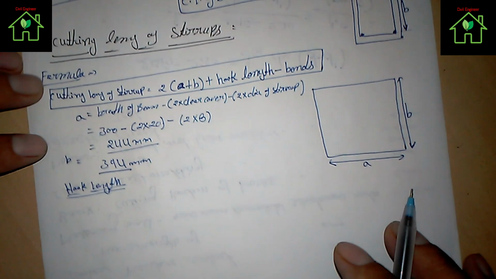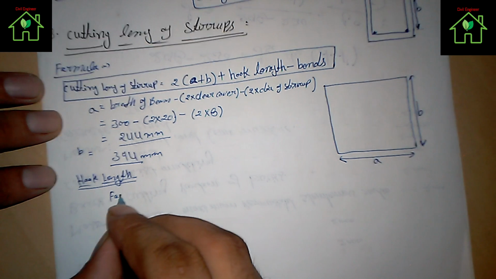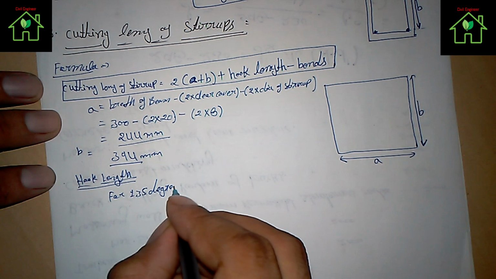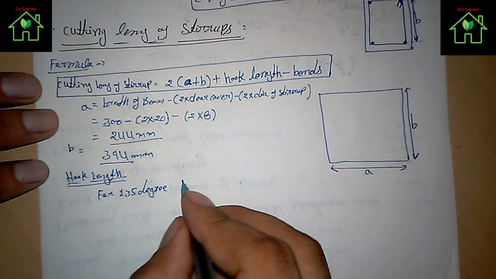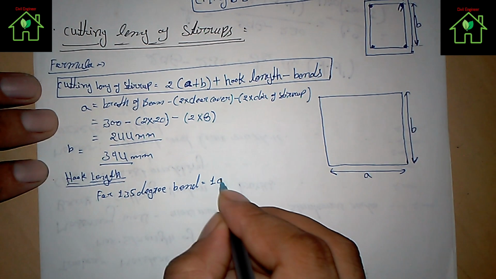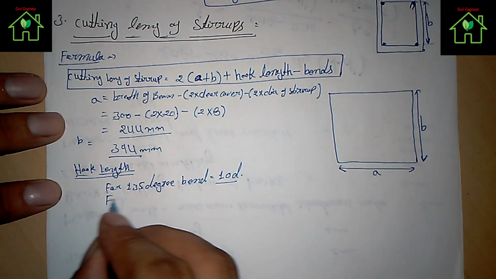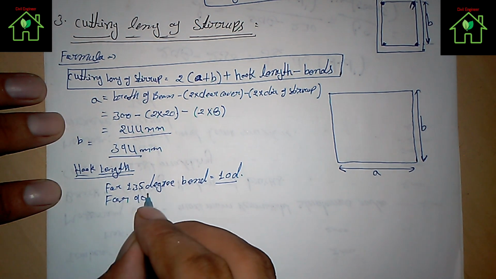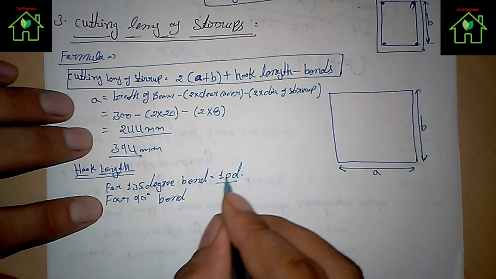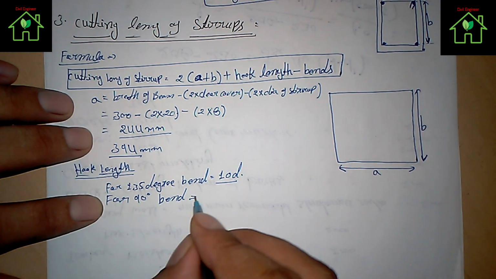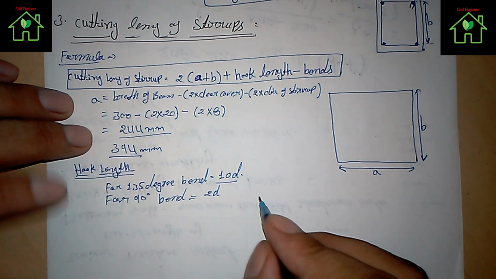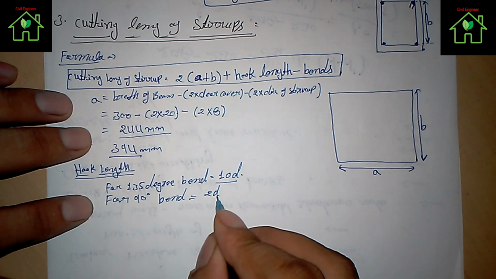So this case is another process. For 135 degree, we will take bend equal to 10d, and for 90 degree bend 2d, and for 45 degree 1d.